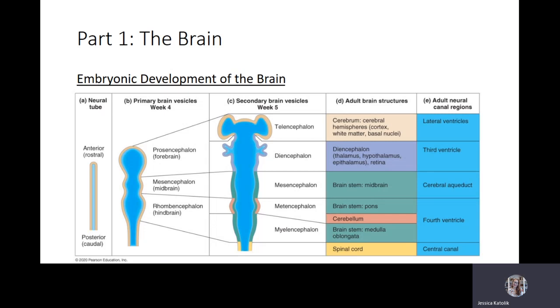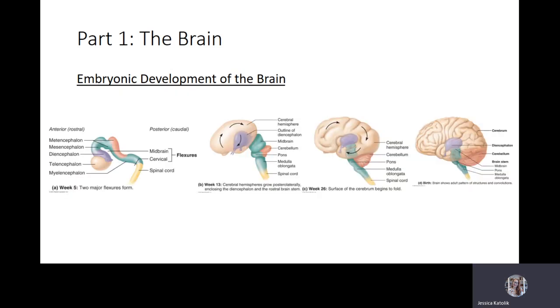And it will look at how the neurotube will expand to form ventricles and how these ventricles are going to eventually be associated with structures in the adult brain. And then we're also going to look at this diagram. This diagram will follow brain development from week 5 to birth, and it will focus on the folding that occurs within the brain during brain development.